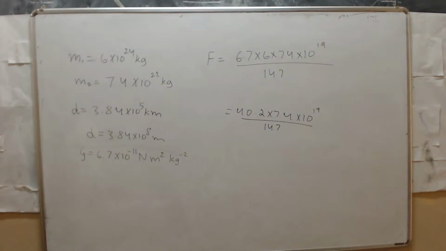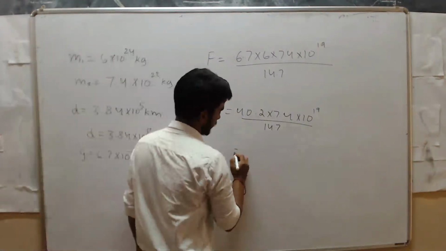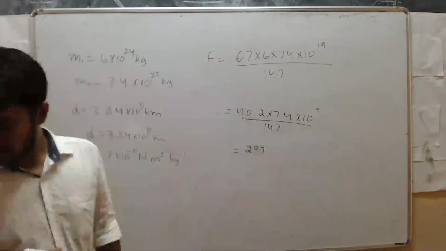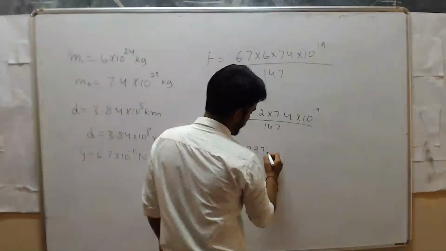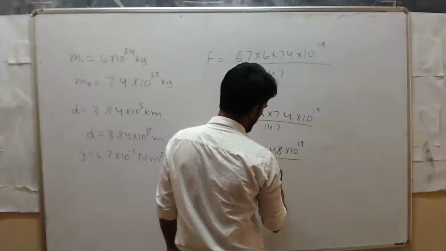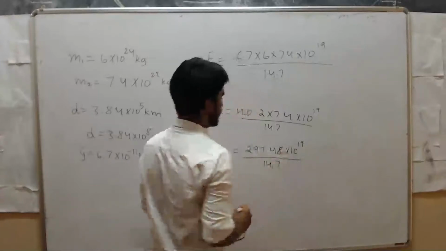Next, 40.2 into 7.4. So what is the answer? That is 297.48. So 297.48 into 10 raised to the power 19 divided by 14.7.